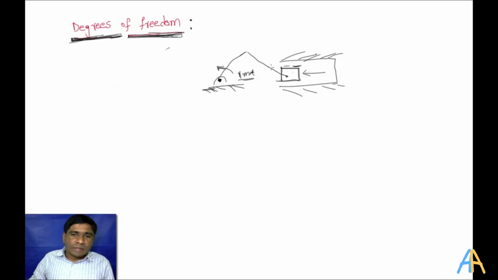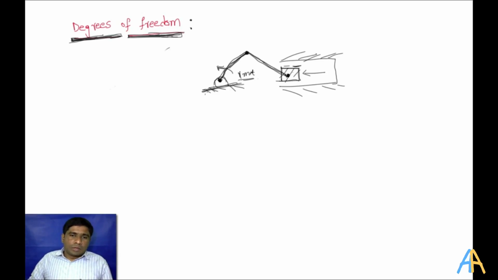But this mechanism consists of different links. This is the slider, this is a simple rod, or we can call it a link, and this is one more link, and this ground is also one more link. Here we have a pin joint, here also a pin joint. Pin joint means hinge joint. The hinge joint allows only rotational movement between two links, and here also one hinge joint, and this link is again connected to the slider with a hinge joint.